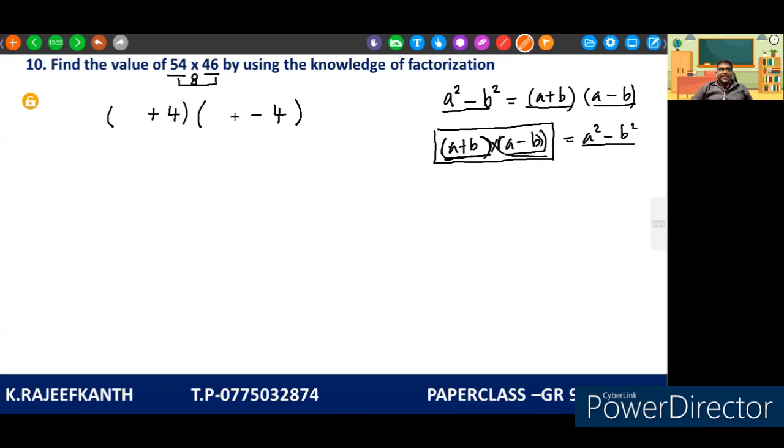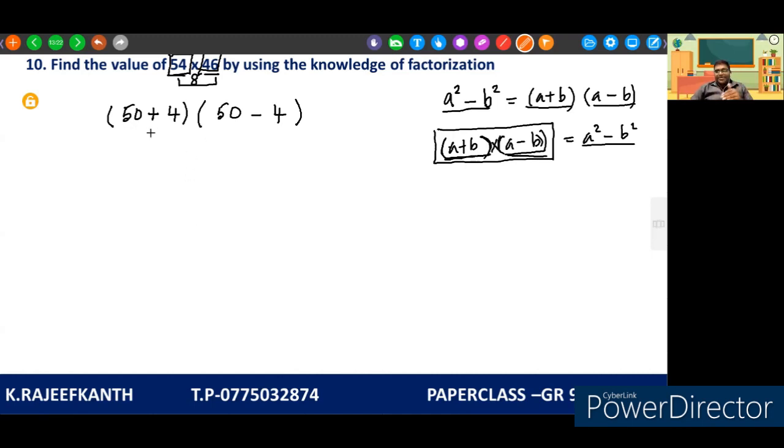Now we have to find a. How can we find it? Here the first term is 54, no? If we add this 4 to 50, then we get 54, isn't it? Here we are adding 4, so 50 plus 4 is equal to 54. Now we have to get 46. How can we get 46? Then we have to subtract 4 from 50.